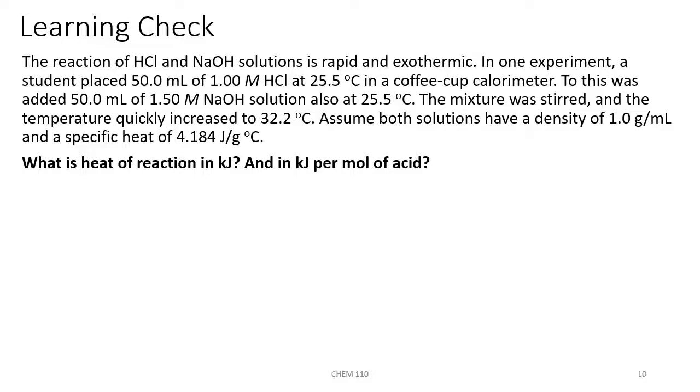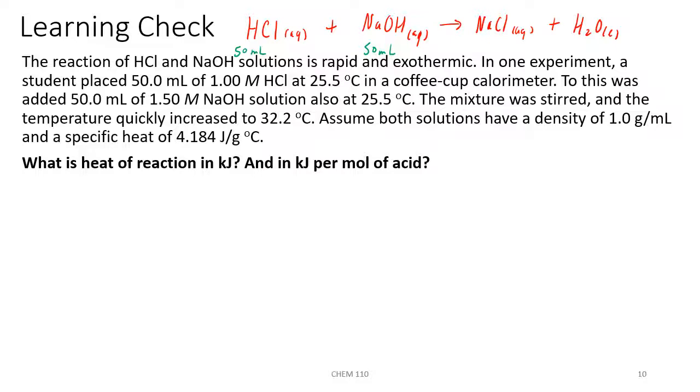So what do we have going on? We have an acid-base neutralization reaction taking place where hydrochloric acid is being mixed with sodium hydroxide to produce a salt, which will be sodium chloride, and water. We know we're starting with 50 milliliters of HCl and 50 milliliters of sodium hydroxide.